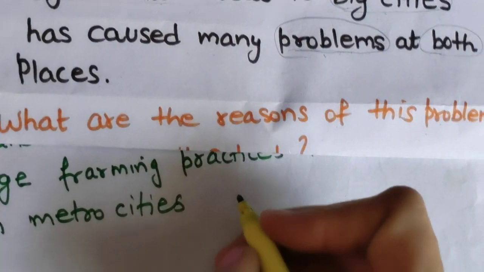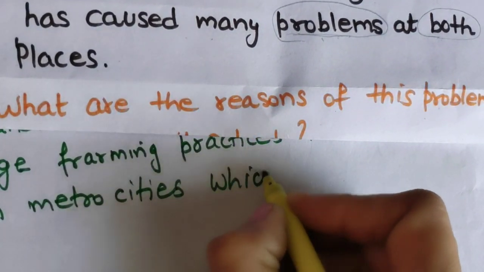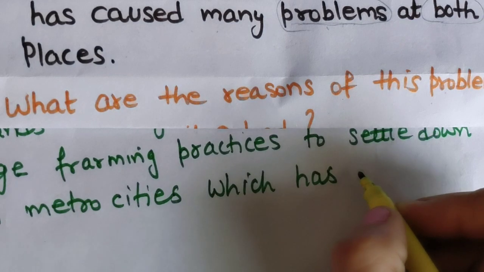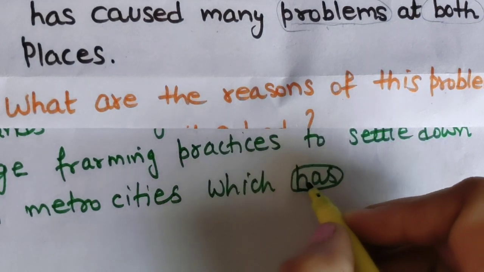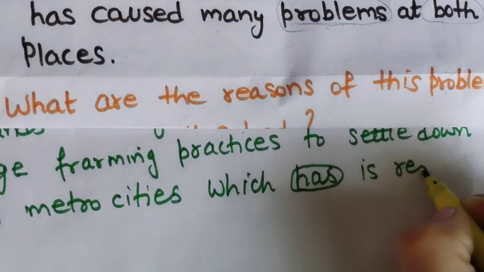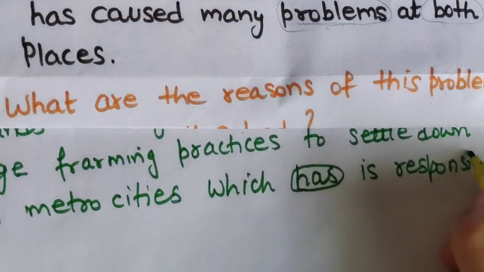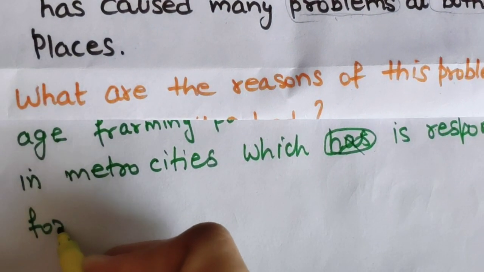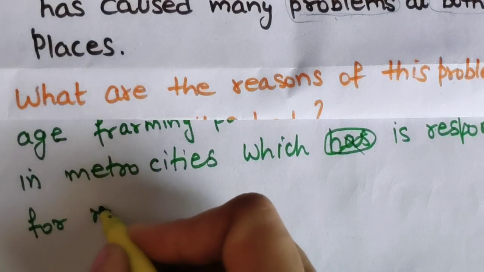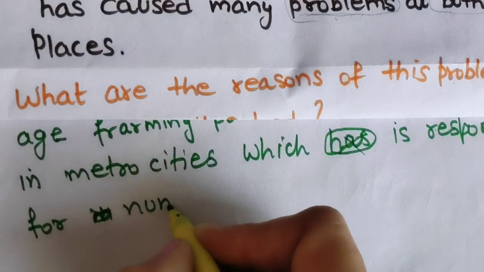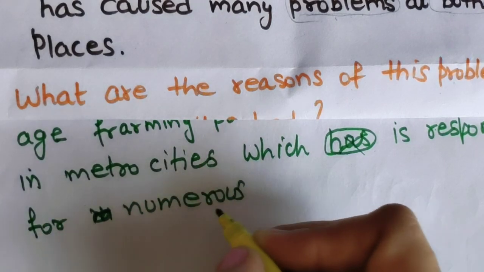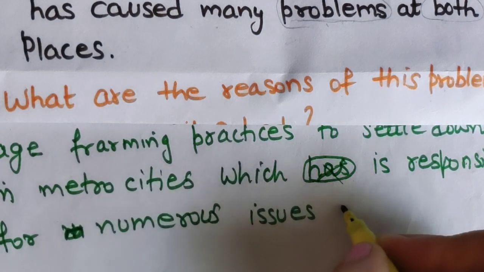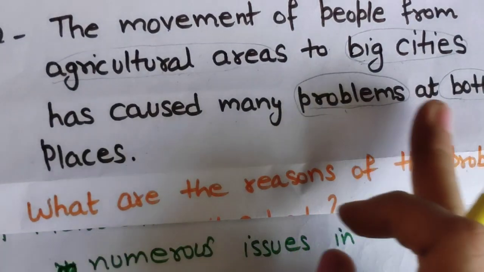And again, which has caused many problems. So for this I'm going to use, sorry, not "which has" is wrong, "which is responsible for" numerous, instead of many I will be using numerous, issues at both places.